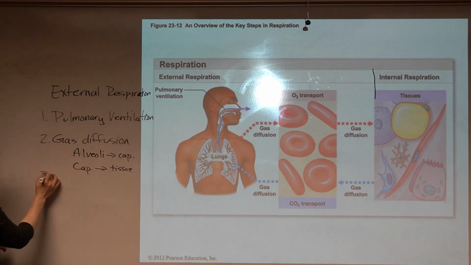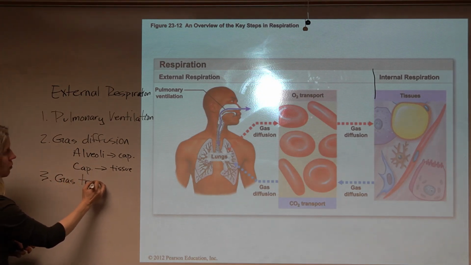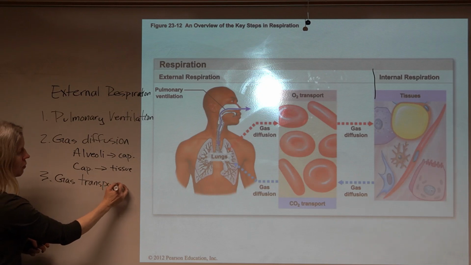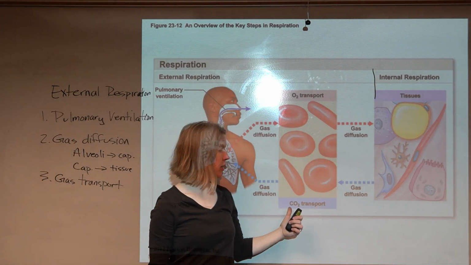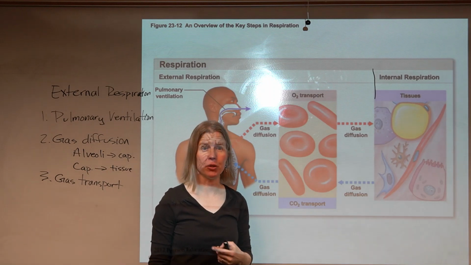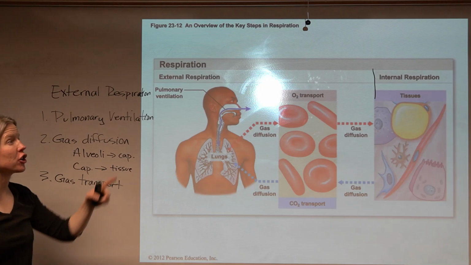We also have gas transport. So we see us moving oxygen towards the tissues and then CO2 away from the tissues. That is all included in what we call external respiration.